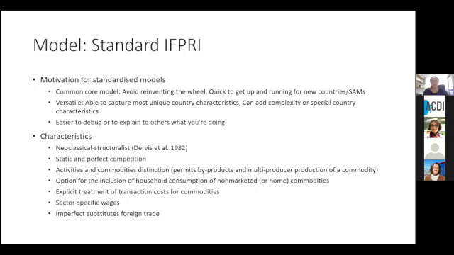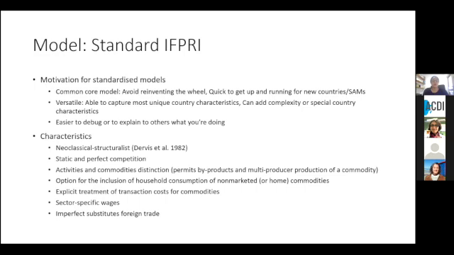The key characteristics of the IFPRI model is that it's neoclassical in structure. The standard model is static and includes perfect competition. It does have activities and commodities distinguished, so that enables single sector or single activities to produce multiple products, or a single commodity to be produced by multiple producers.